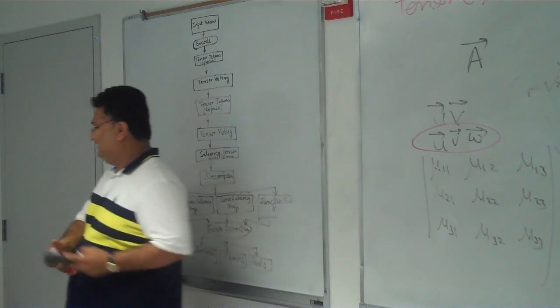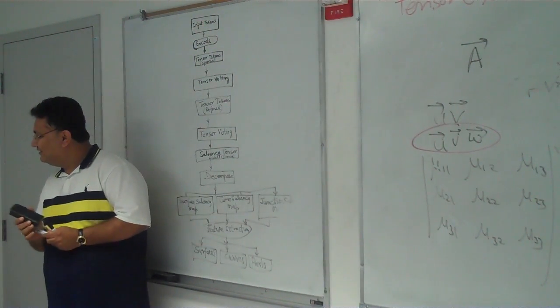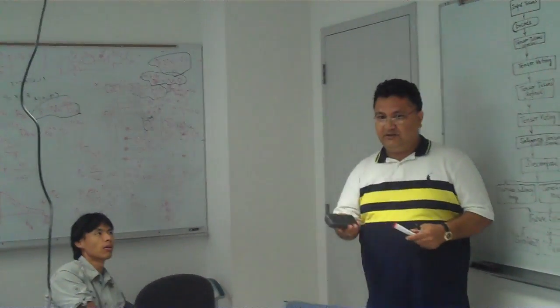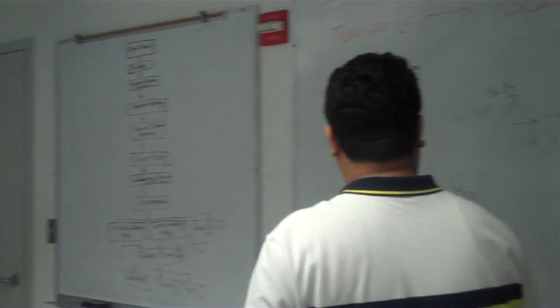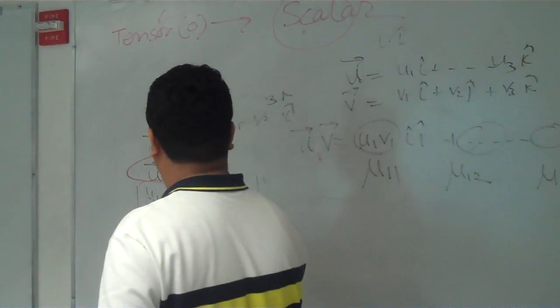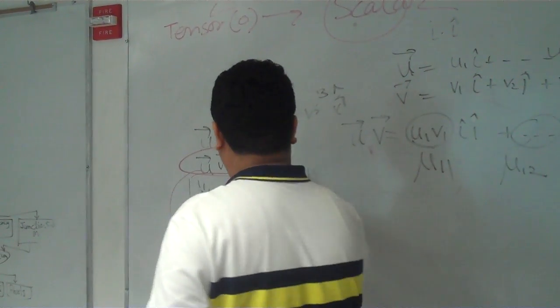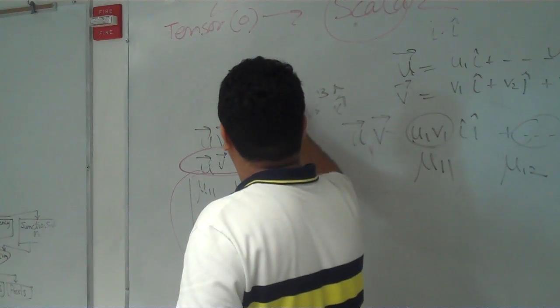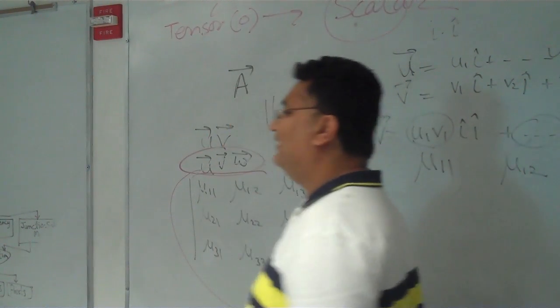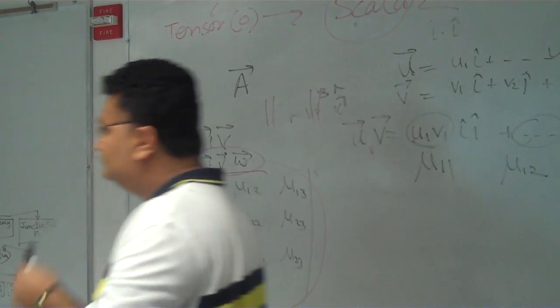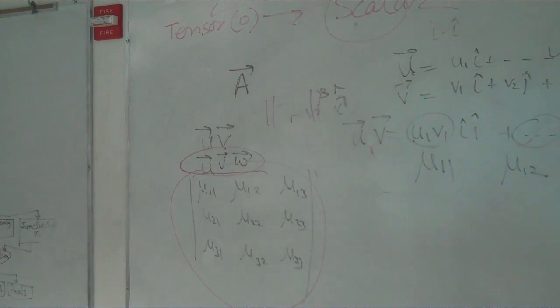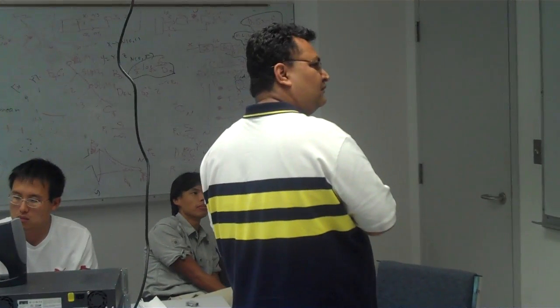Dr. Jain, the magnitude of the dyad, how can you define that? What I think is, for a dyad, this is the dyad representation, so its magnitude will be the norm of the matrix. So it will be the Frobenius norm, just the square root of the sum of squares of all the coefficients.